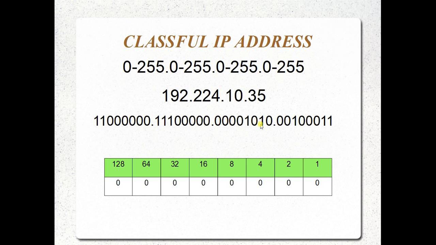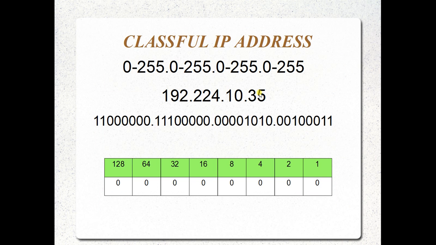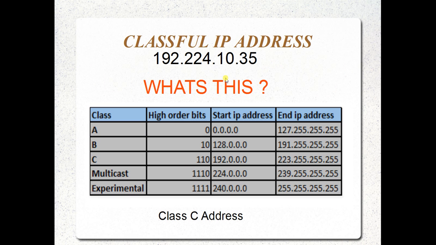This is an IP address. All of these computers are going to have an IP address like this, so that you can send a file or a packet directly to that machine, and it doesn't go everywhere else. Each one of these is going to get an IP address. But right now we're looking at classful IP addresses.